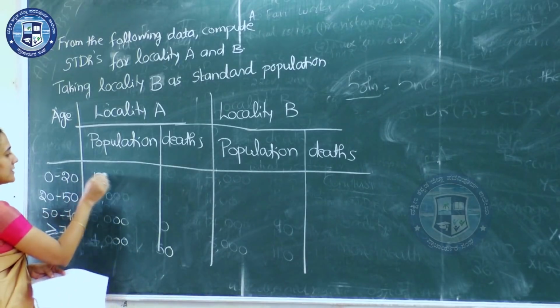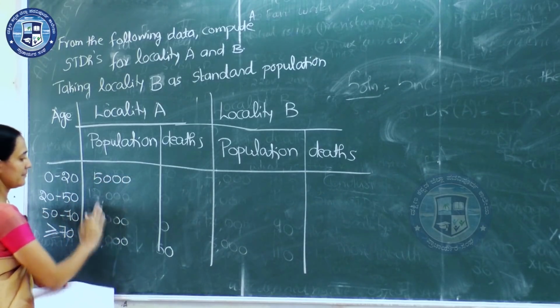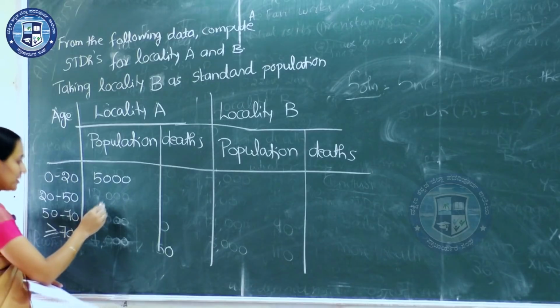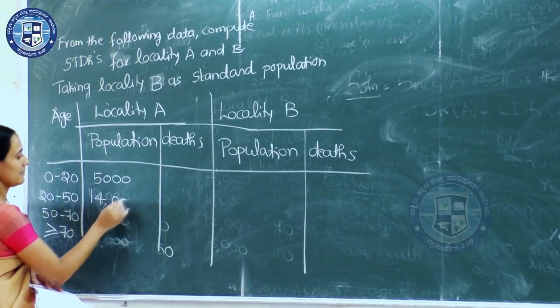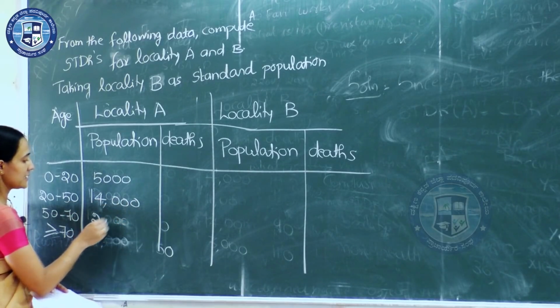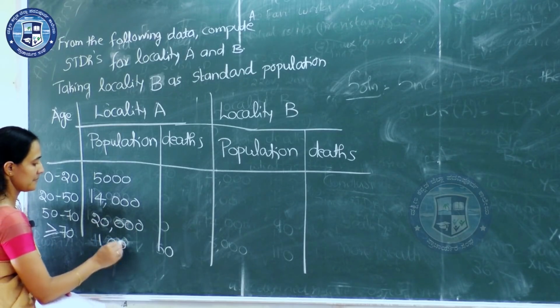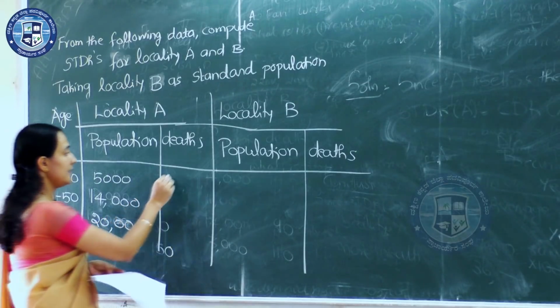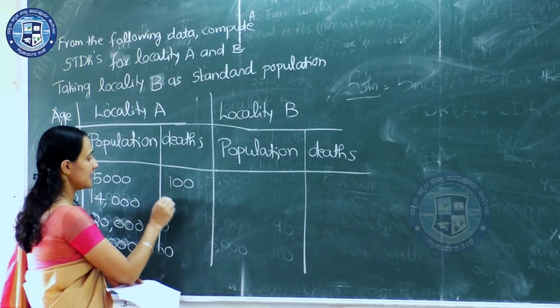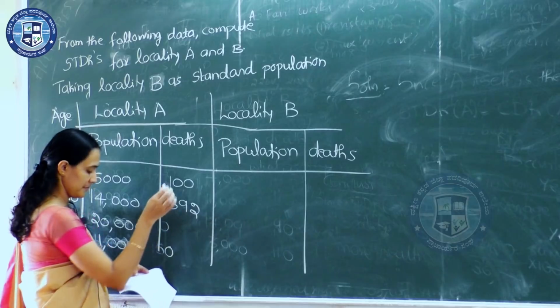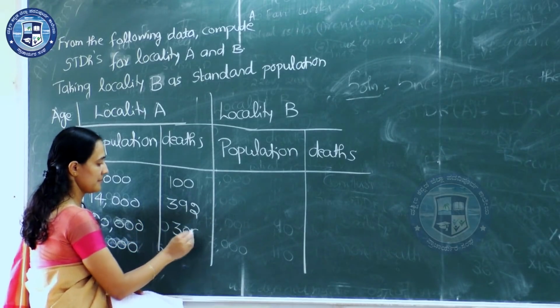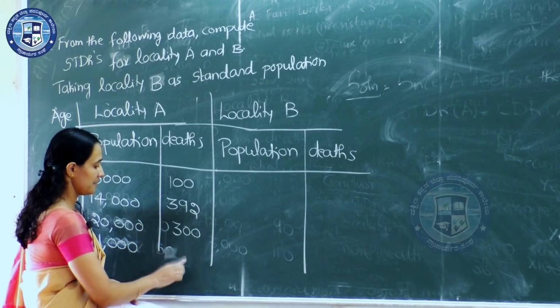Here 5,000. Next 14,000, 20,000, next 1,000. Here deaths 100, 392, 300, next 200.